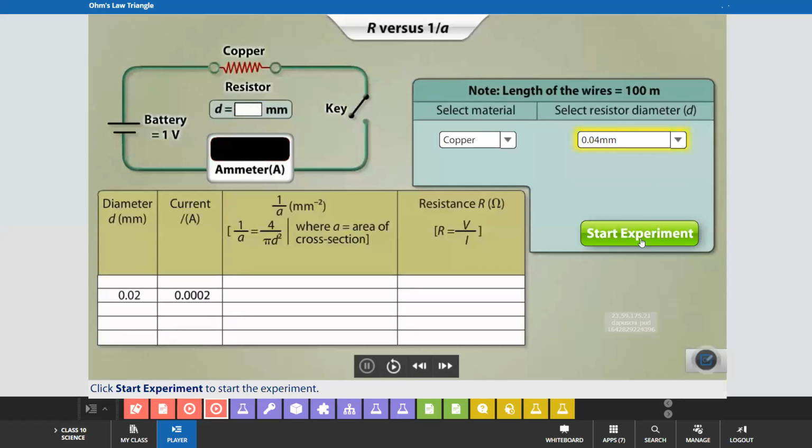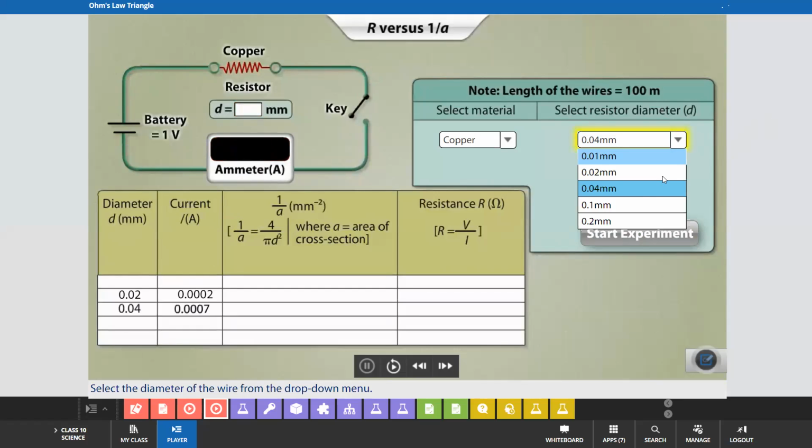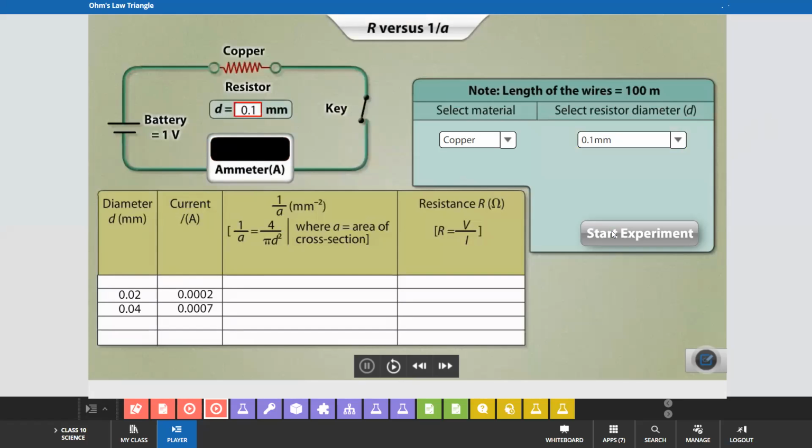Repeat the experiment using different diameters of the wire. So you can see the ratio of V to I will decrease with increase in area in this case.